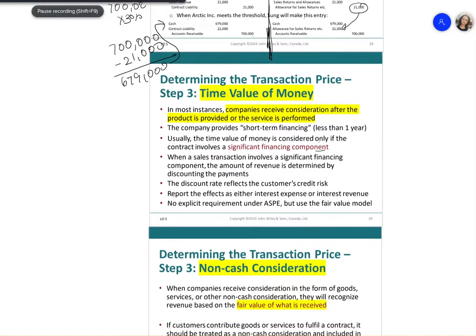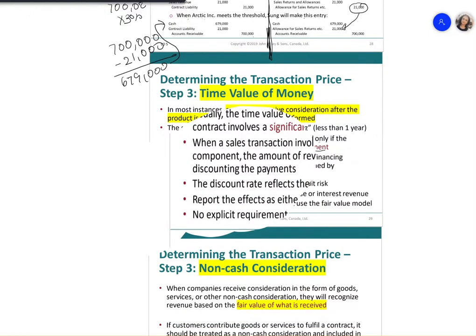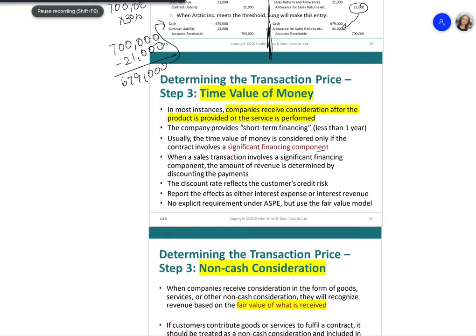That's why it's called the time value. The example I wanted to use is you have accounts receivable and your sales. If they didn't have the money, the consideration they are going to give us later on.